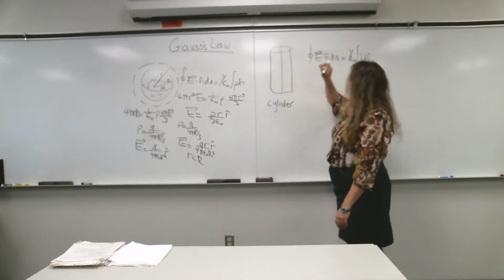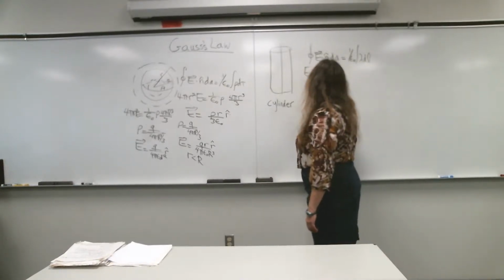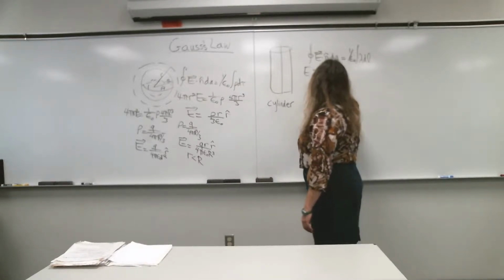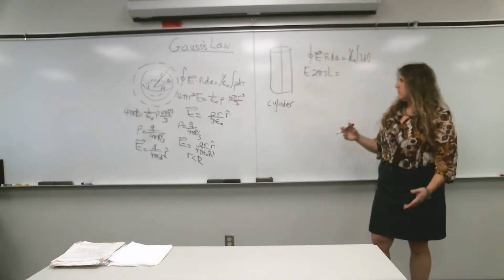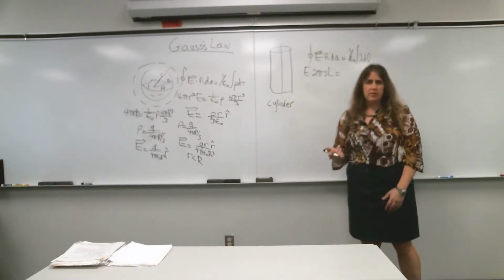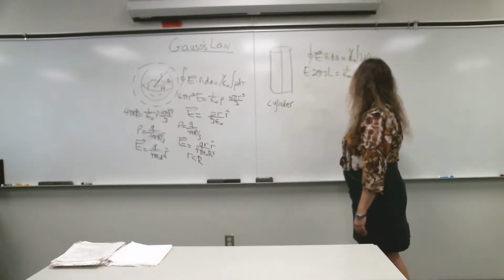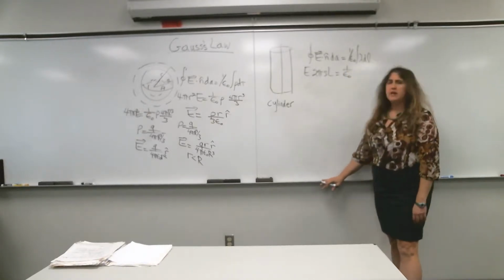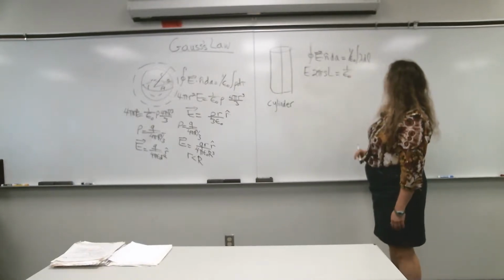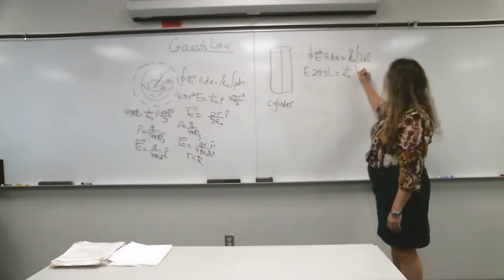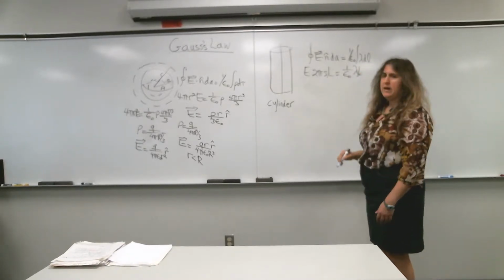Therefore, on the left-hand side, the surface area of that cylinder is just equal to 2 pi s times the length. We're going to say this is a very long wire that has length L. On the right-hand side, if I integrate over the total amount of charge here, it's just lambda times L once again. The L's cancel out.